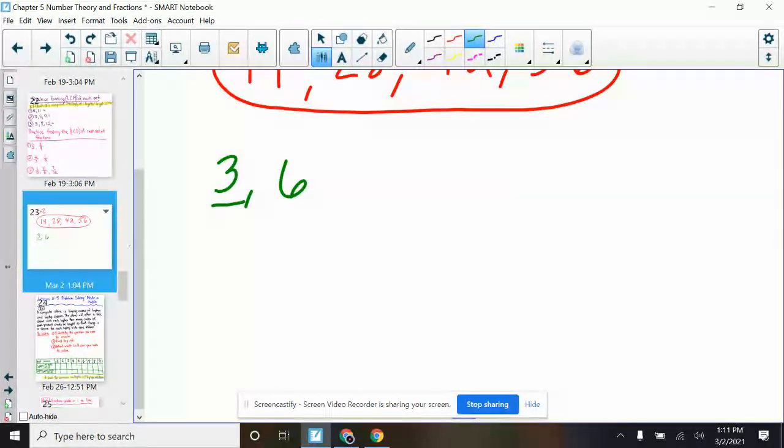So, here's what you have to ask yourself. Will this prime number fit into that composite number perfectly? Yes or no? Yes. Since it does fit in there perfectly, this number becomes your least common multiple. That's the smallest number they have in common.